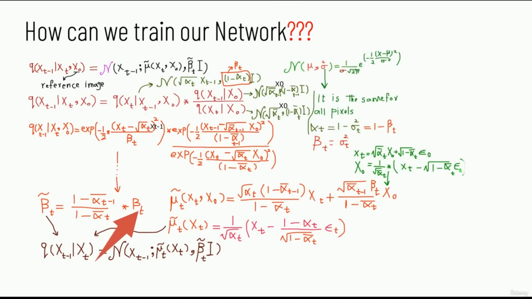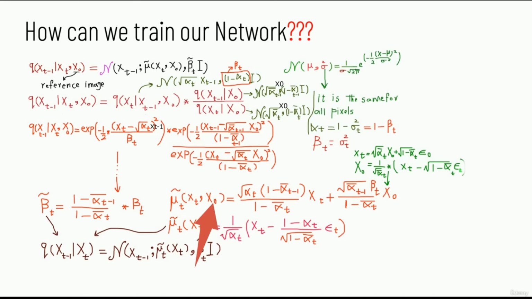And the mean of the target distribution, which is equal to the square root of alpha t times 1 minus alpha bar t minus 1 divided by 1 minus alpha bar t times xt, plus the square root of alpha bar t minus 1 times beta t divided by 1 minus alpha bar t times x0. As you can see here, the mean of the target distribution depends on the value of xt and the value of x0.